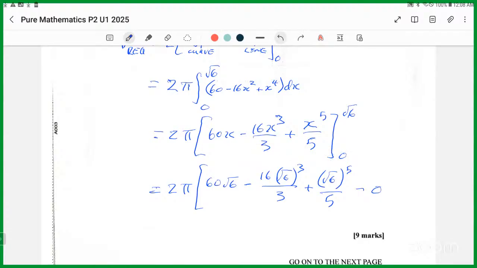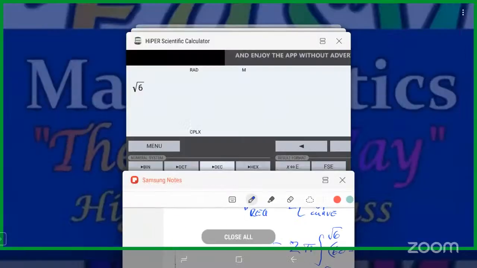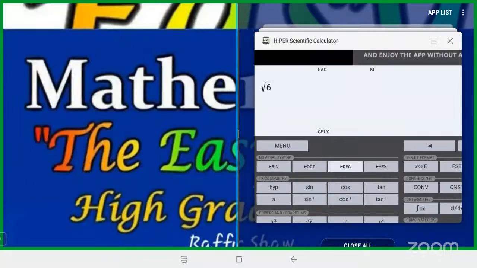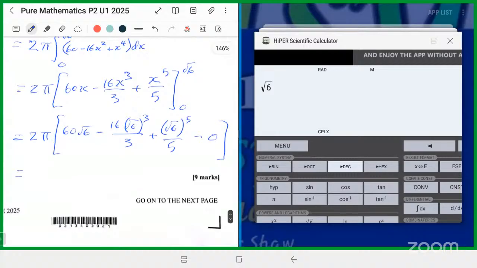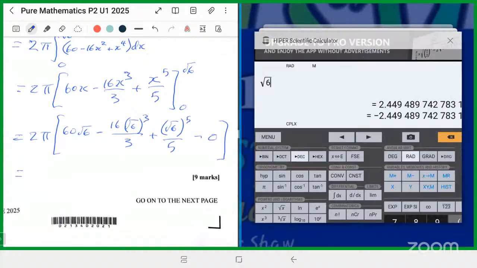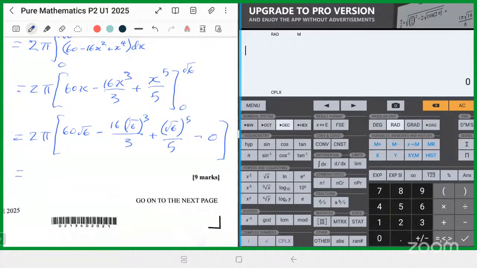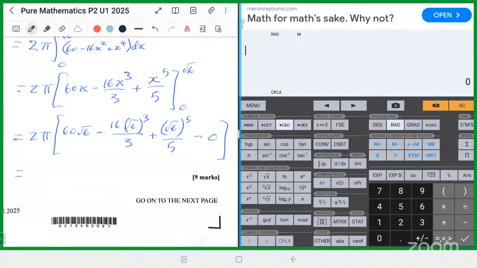This will give us our answer. Let me put everything in the calculator. I'll leave it in terms of pi, so I leave the pi and multiply by 2 afterwards.